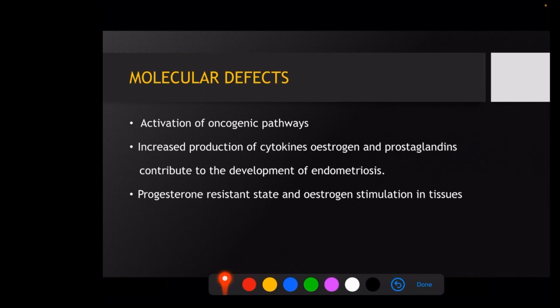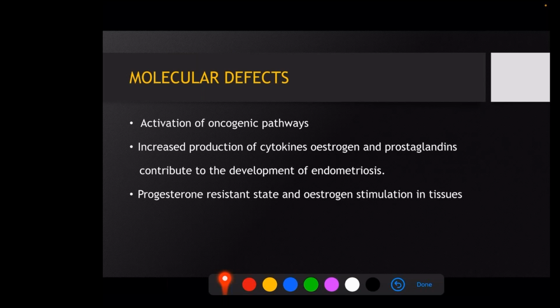In normal endometrium, progesterone antagonizes estrogen effect during the luteal phase of the menstrual cycle. Everybody knows, first the proliferative phase, then ovulation, and then the secretory phase is dominated by progesterone. So, in normal endometrium, progesterone opposes the estrogen effects during the luteal phase.